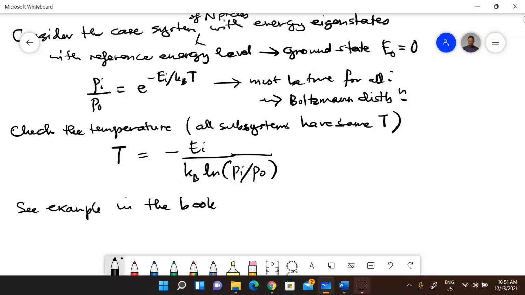You have these different energy states with different probabilities. Could you actually tell whether this system is in equilibrium? Then you can check the temperature. All the energy levels over here with the probabilities over here should give you the same temperature. So I'm not going to do that.